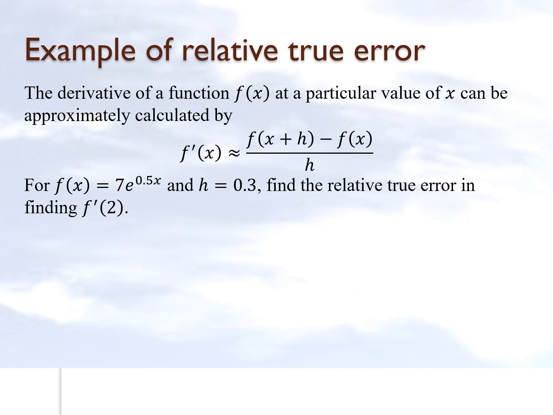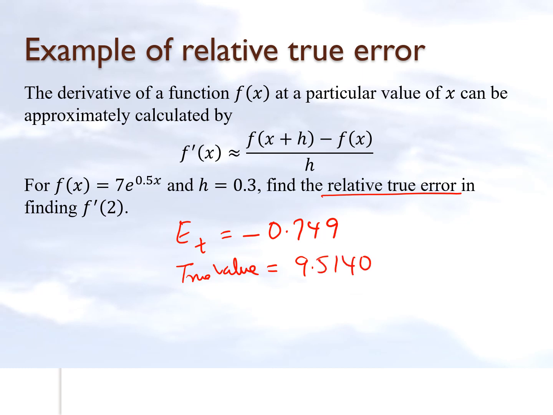So here is the example which we are taking for the relative true error, same as the first example, but the only difference is that we are now asking for the relative true error as opposed to the true error in the case before. So this is pretty straightforward in this case because we will take the numbers from the previous example. We got true error as minus 0.749. That's from the previous example. We had the true value, also from the previous example, was 9.5140.